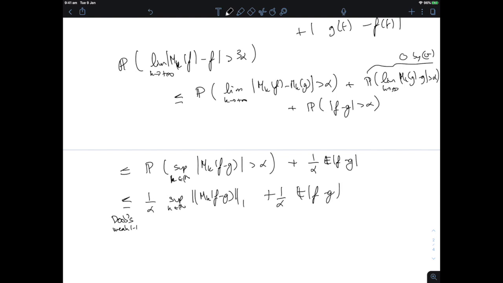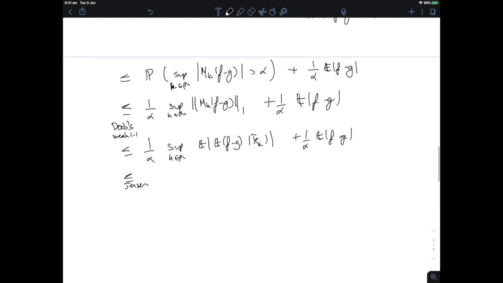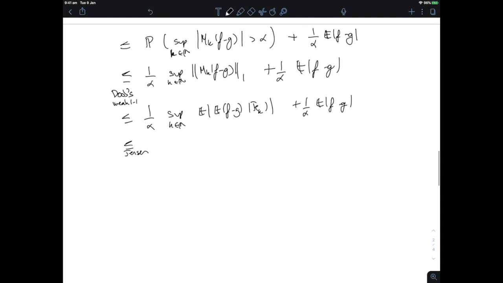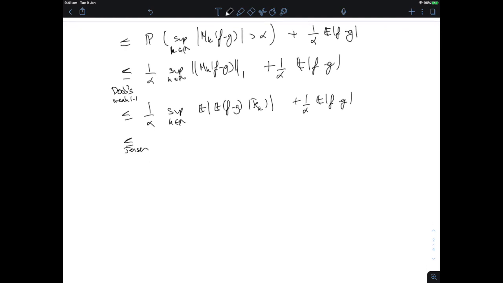Right, but the reasoning we've used to show that mk of f is uniformly in L2 actually also gives us that it's uniformly in L1, because this is the supremum of an expectation of a conditional expectation, and because absolute value is a convex function, you can apply Jensen to this, and the fact that the expectation of a conditional expectation is still equal to the expectation of the variable.